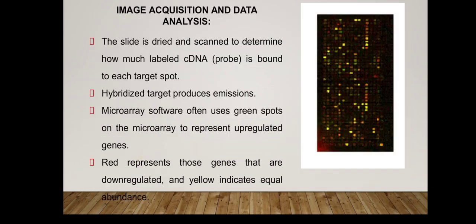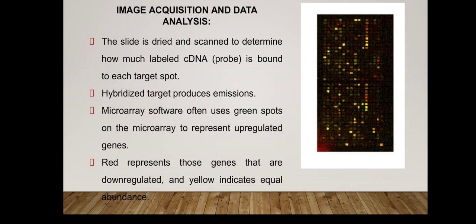Image acquisition and data analysis. After hybridization and washing, the microarray is scanned to acquire images and to analyze the data. The acquired images capture the fluorescent signals from the labeled cDNA or cRNA, as shown in the picture, and the data analysis involves extracting the intensity values, normalizing and comparing gene expression levels between the samples.